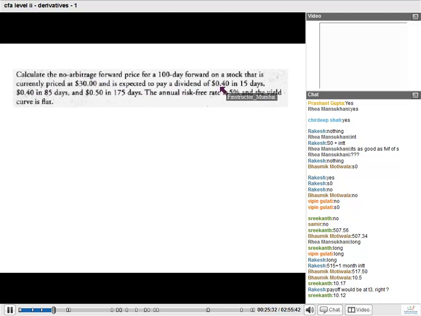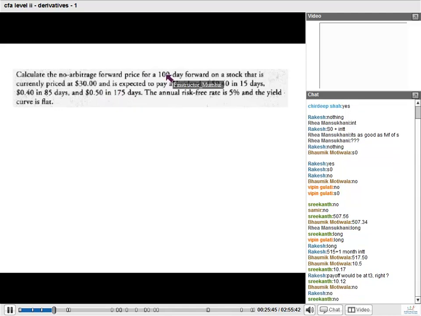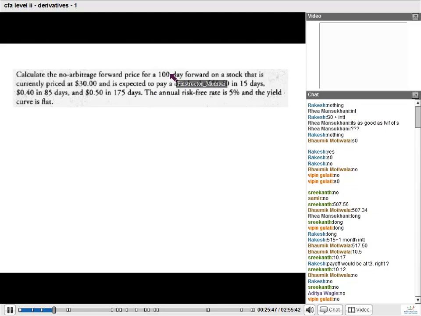So dividend of 0.4 is coming in 15 days, another 0.4 in 85 days, and 0.5 in 175 days. Does the third dividend payment matter to me? The third dividend payment is coming after the expiration of the forward. So this cash flow is not going to be received by either party. So this cash flow is not required for the calculation of no arbitrage price.